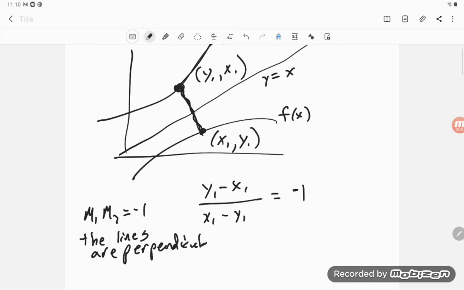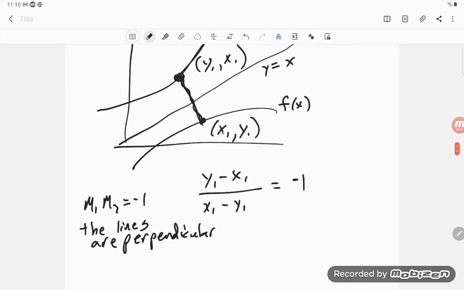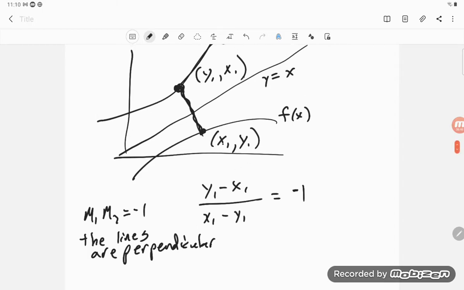That's something from our pre-calculus days. So we get this slope of -1, so I know it's perpendicular to y equals x. But actually y equals x is a line of symmetry, and it ends up being the perpendicular bisector of any of these lines I join between pairing points.